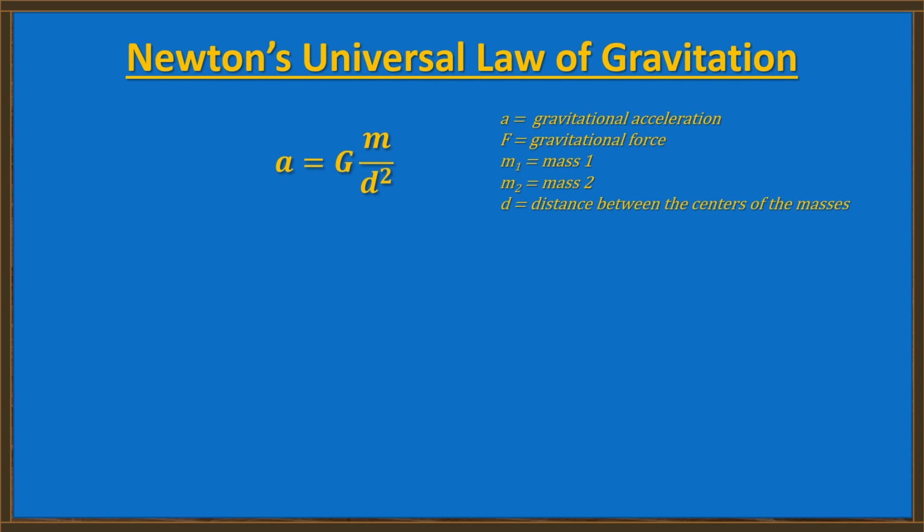Now, when we substitute that expression into Newton's second law, and give the masses different names so we can keep them separated, we get force equals mass times acceleration, which is m1 times the acceleration above, or in its more familiar form, force equals G times m1 m2 divided by d squared. Notice I'm using d in this case and not r. There's a reason for that. You guys think that r in Newton's universal law of gravitation refers to the radius of something. It doesn't. It refers to the distance between the centers of the masses.